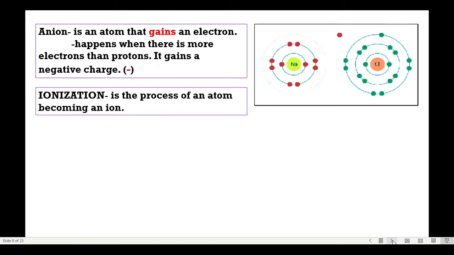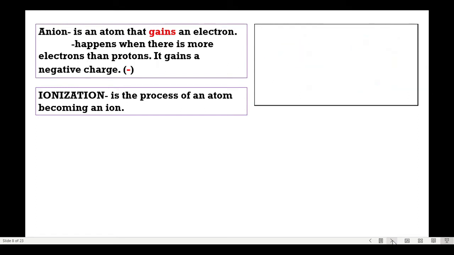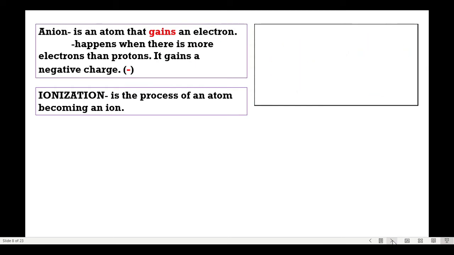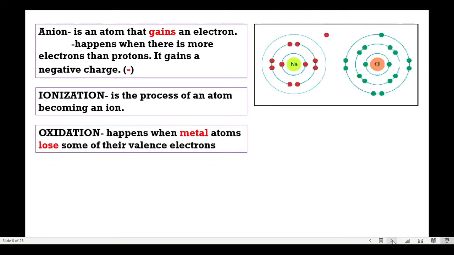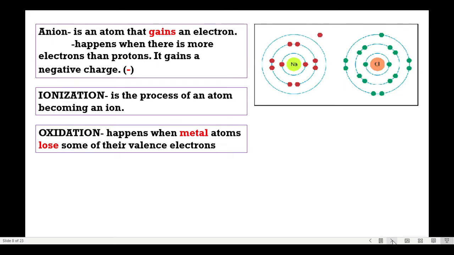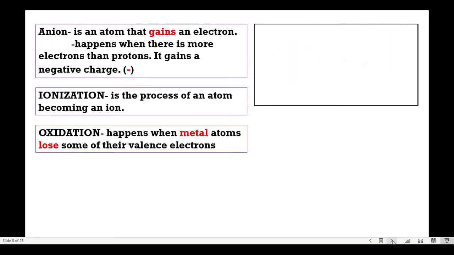Now, we have here ionization. This is a process of an atom becoming an ion. So, kapag ang isang atom ay nagiging ion, ang process na tawag doon ay ionization. Whereas oxidation happens when metal atoms lose some of their valence electrons. So, yung oxidation nangyayari mostly sa metal.